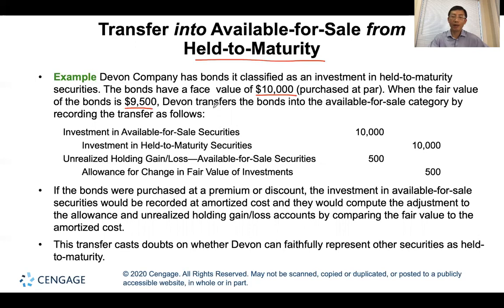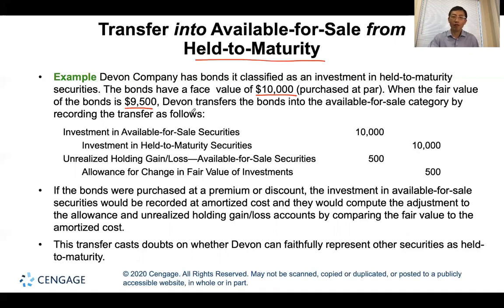So at this time, we recognize the investment in the new category, investment in available for sale security, debit $10,000, credit investment in held to maturity security $10,000. Based on this, we eliminate investment in held to maturity security and add investment in available for sale security.